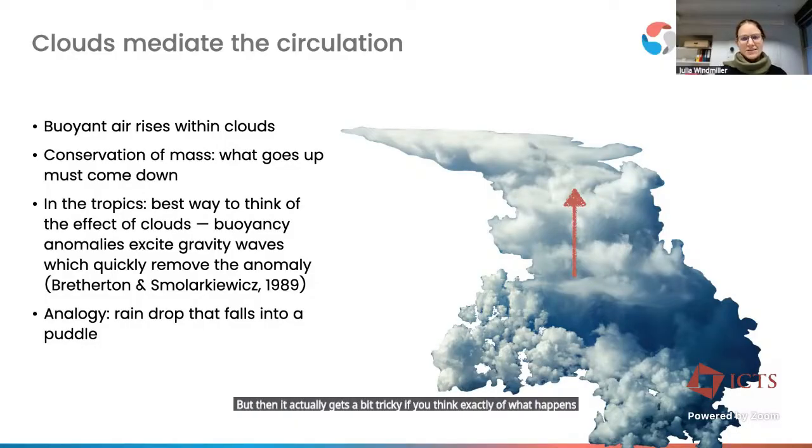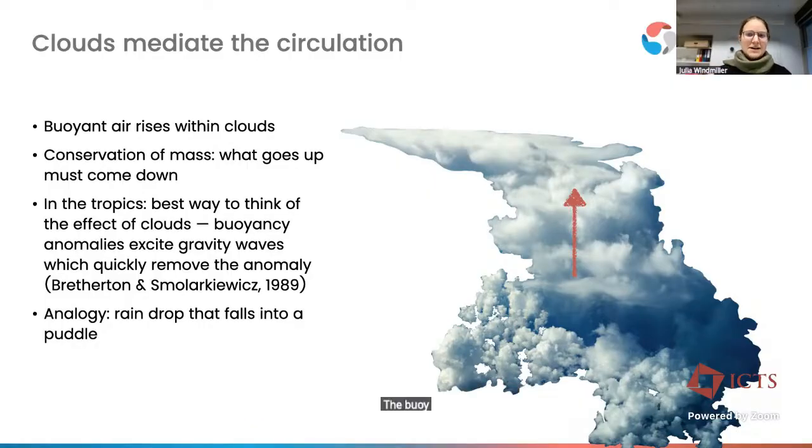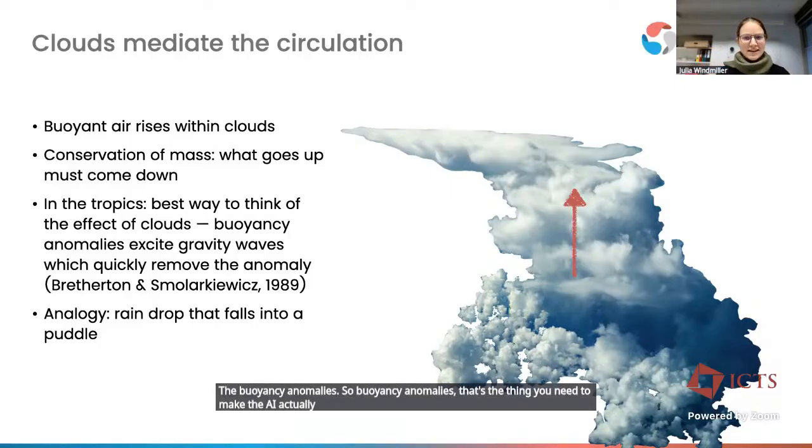It turns out that what happens in the deep tropics is that buoyancy anomalies, that's the thing you need to make the air actually go up in the first place, excite gravity waves, and these gravity waves quickly remove the anomaly and spread it over large scales.